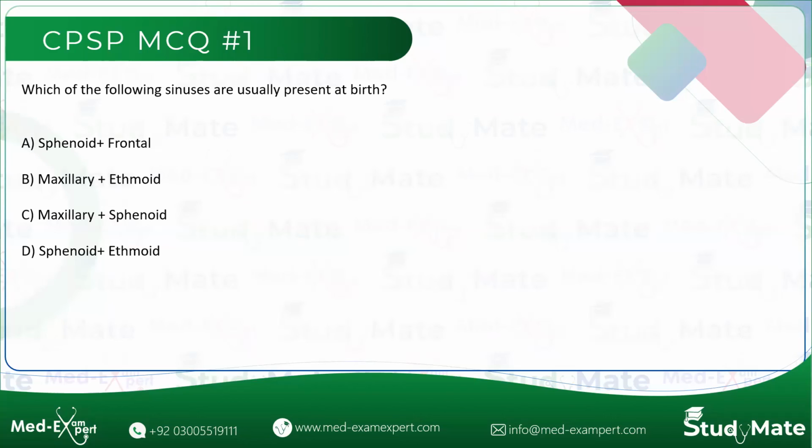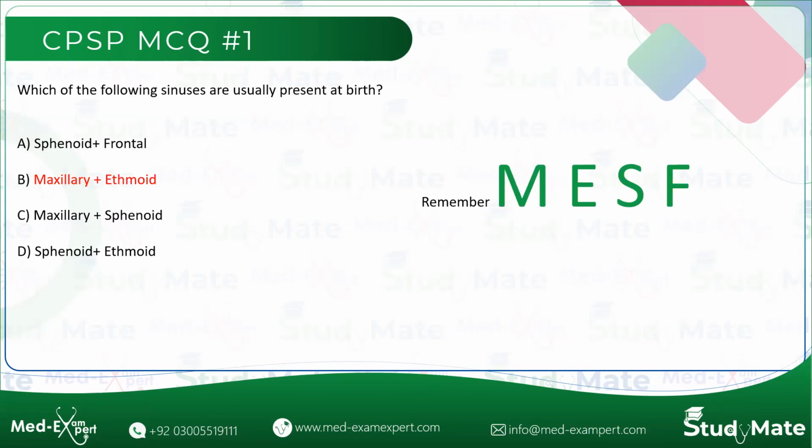So whatever you think is the correct option, please type in chat box or comment on the Facebook comment box. Okay, I can see many correct answers in the Zoom chat box. So yes, it is B, maxillary and ethmoid.